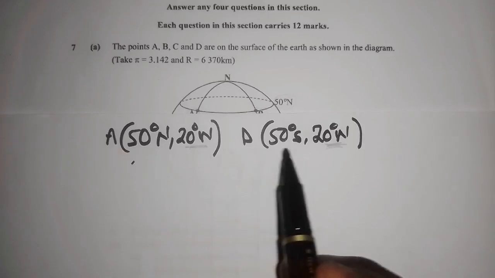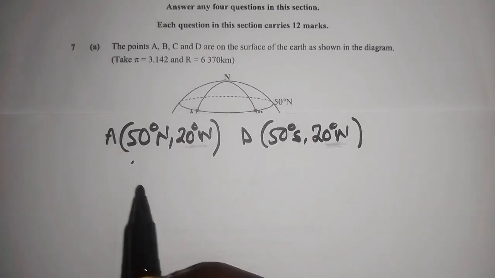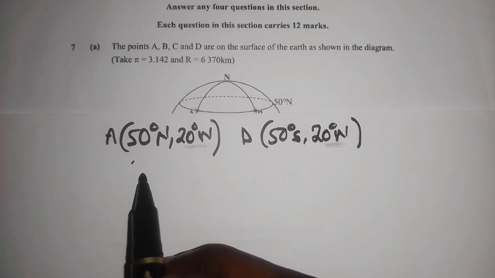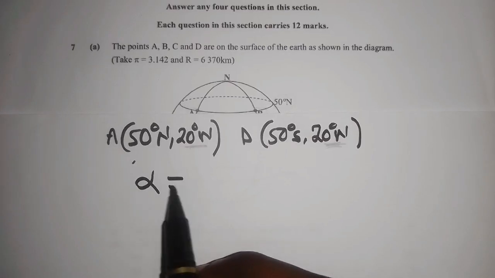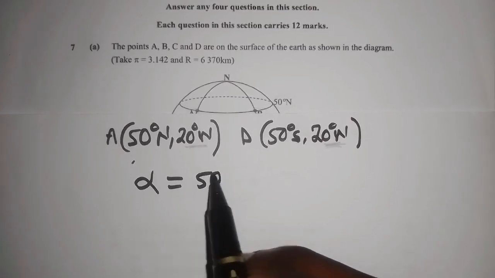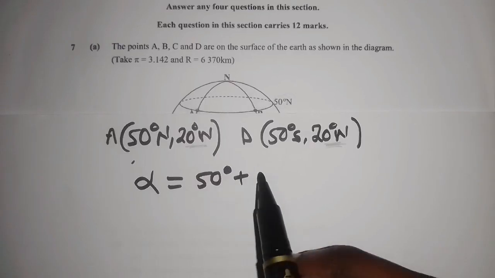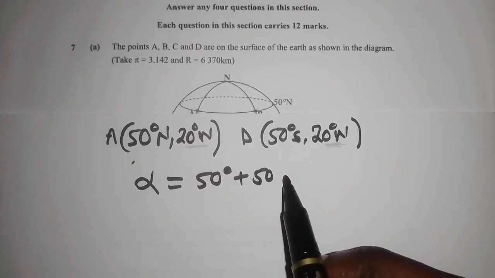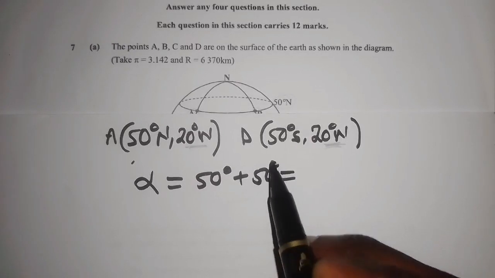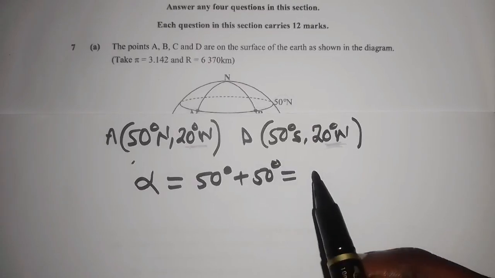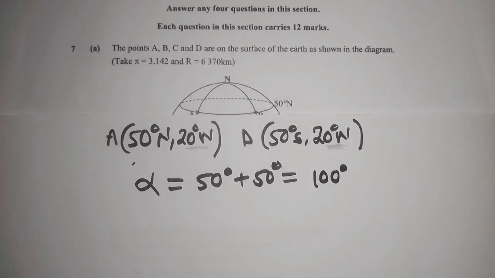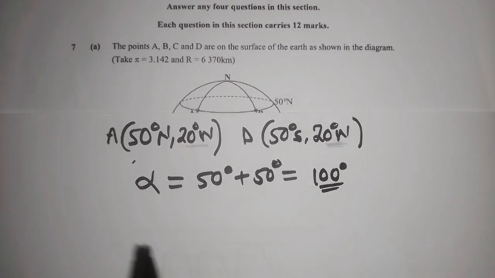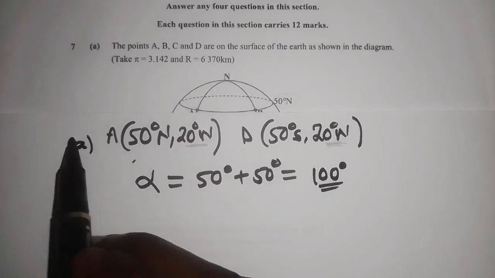Since they are on different sides, you just add them: alpha equals 50 degrees plus another 50, which gives us 100 degrees. So that is the answer to question A.